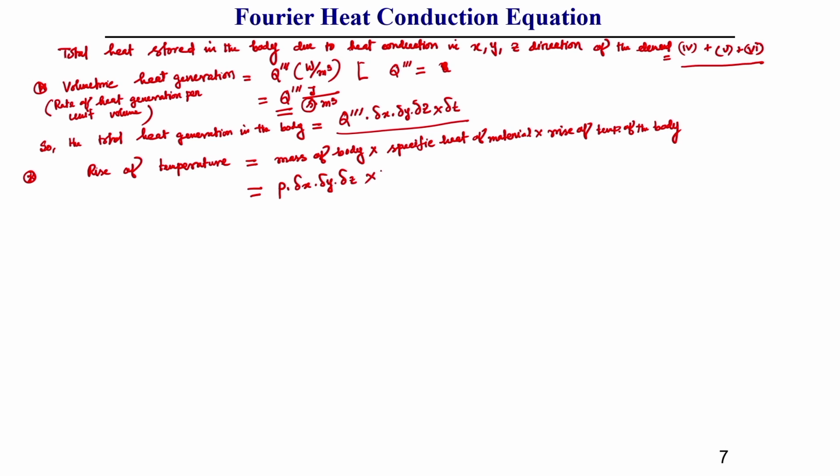Let us consider the specific heat is C, generally the specific heat at constant pressure, and the rise of temperature is delta T.